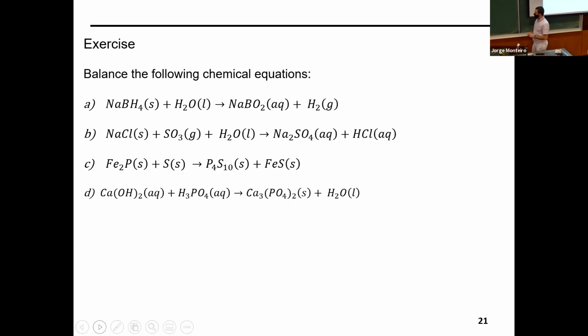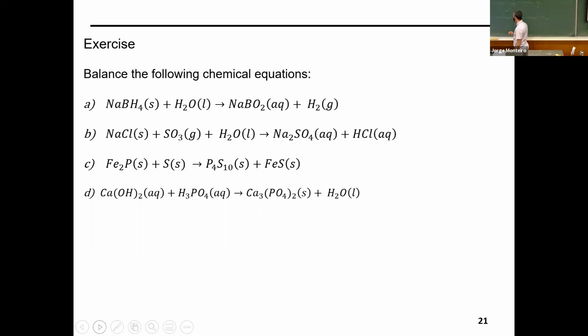Okay, so let's look at the second reaction, second example here. So we have sodium chloride reacting with sulfur trioxide and water, producing sodium sulfate and hydrochloric acid. So let's look for an element that shows up in one of the reagents and in one of the products.